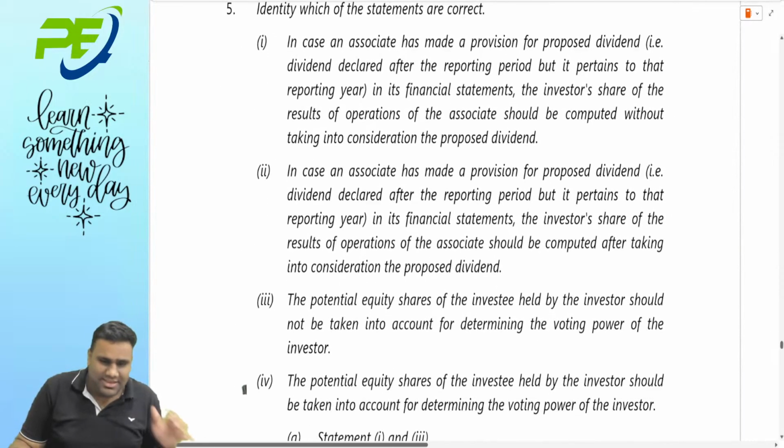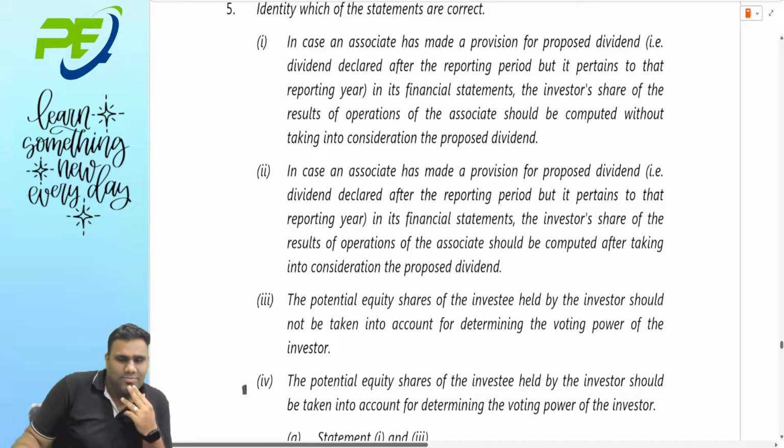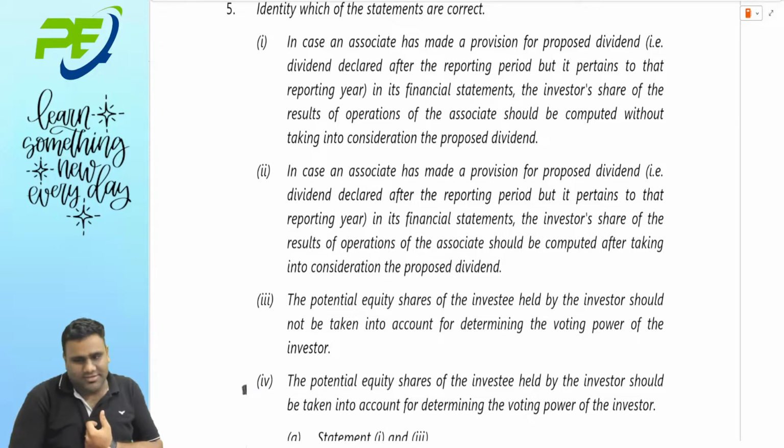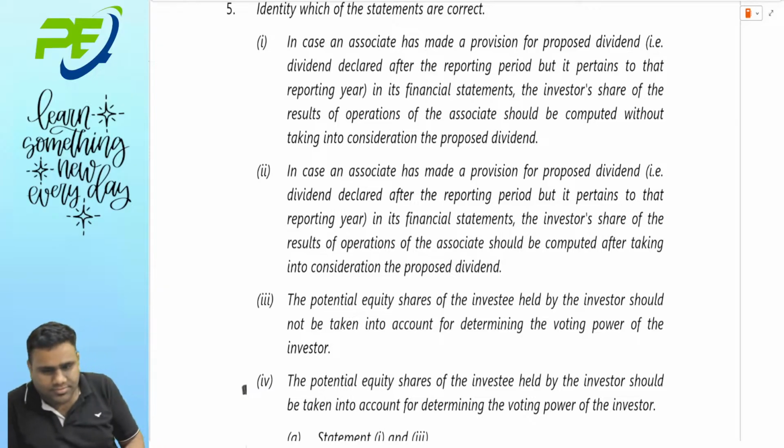The MCQs are good here. Identify which of the statements are correct. No options.